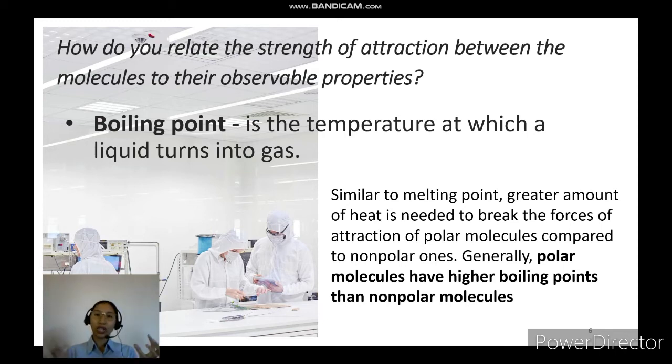So kailangan siya daghan og heat. So pag daghan kayo siya heat, or daghan kayo siyang energy nga imuhang gibutang para ma-break ang bond, syempre mutaas ang imuhang temperature. That is the reason why polar molecules have higher boiling points than non-polar molecules. Same with melting point. Remember that trend.